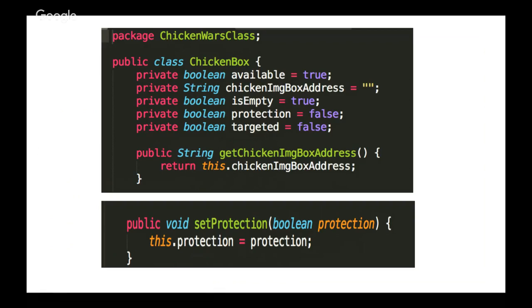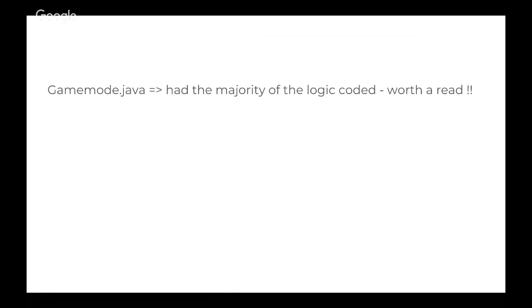So those are some of the very interesting classes that we found that helped us understand the behavior of the app, and helped us strategize our master plan on how we were going to win every single time. So as part of our, oh yeah, I'm sorry, I missed one. So game mode.java was one more class.